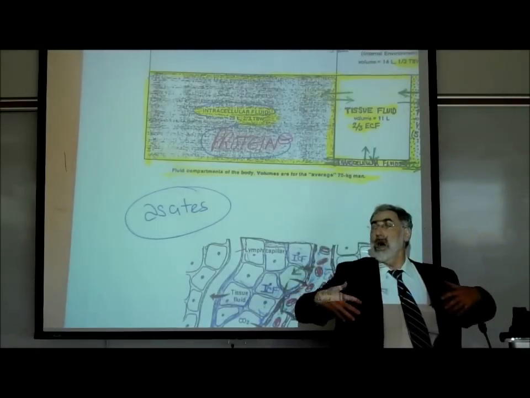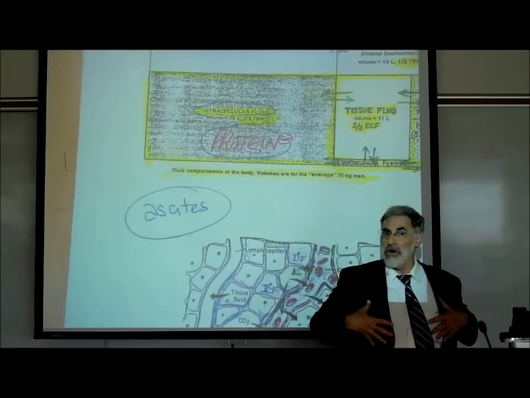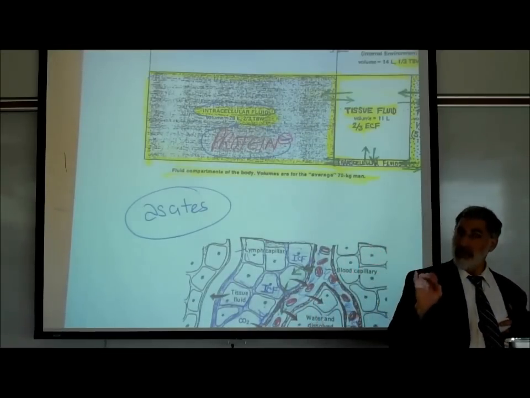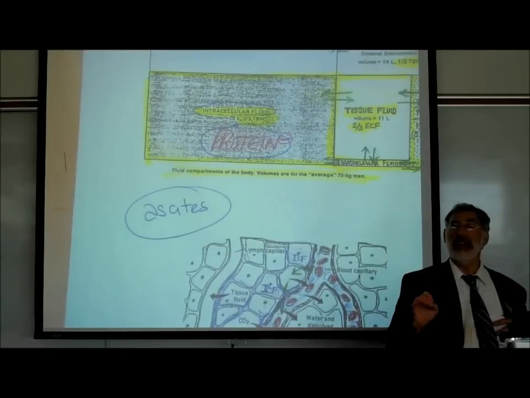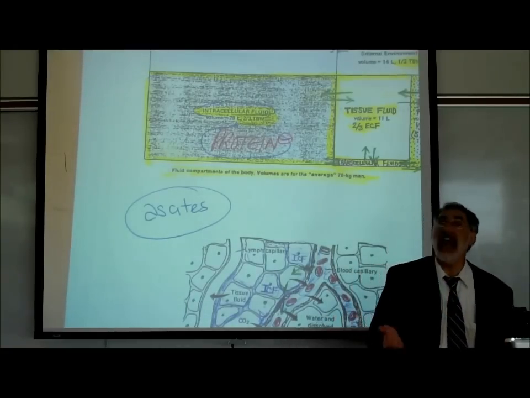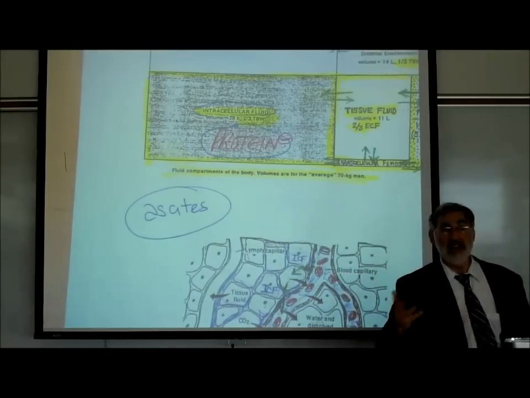The normal lung volume of a young adult guy is 6 liters. The normal lung volume of young adult women is about 4 liters. That's a difference of 2 liters. Now you might say, well, okay, so I'll just take the average. Well, the average of 6 and 4 is 5.